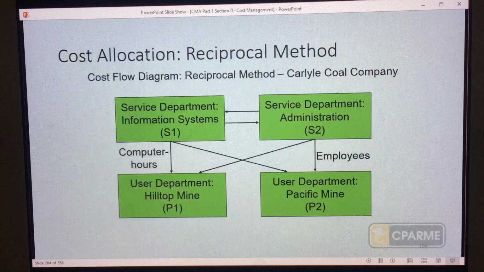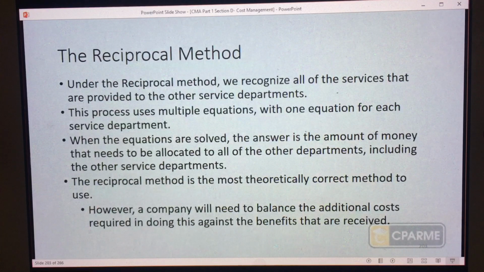The third method would be your reciprocal method. So what happens under your reciprocal method? You recognize all of the services that are provided to the other service departments. And so it's going to use multiple equations kasi nga you already give back to the others.